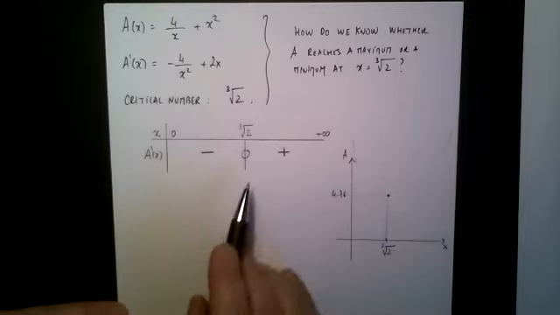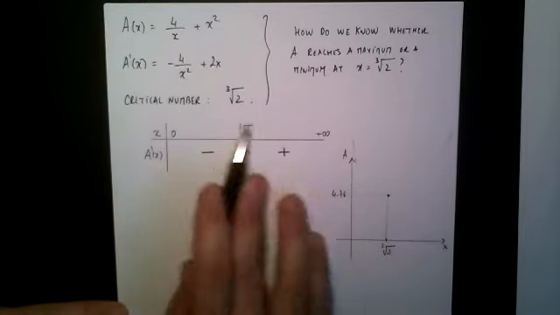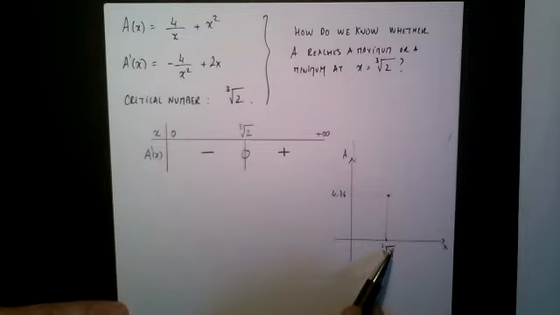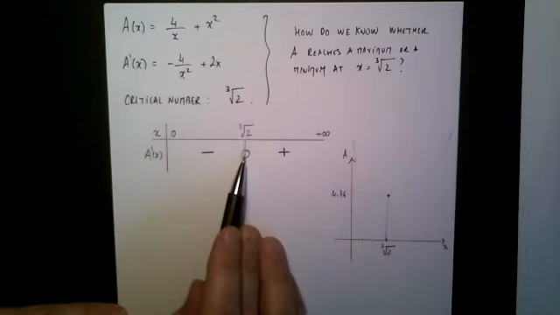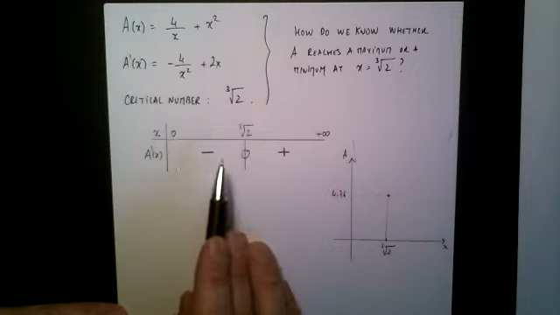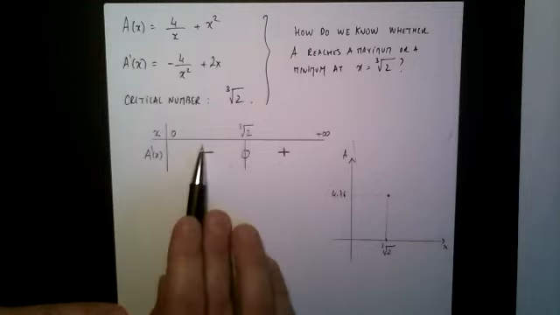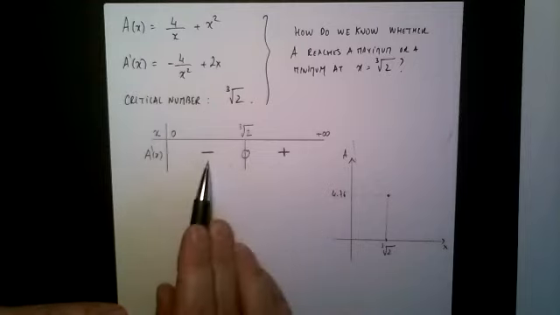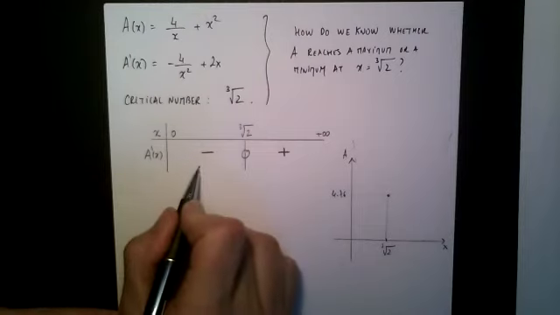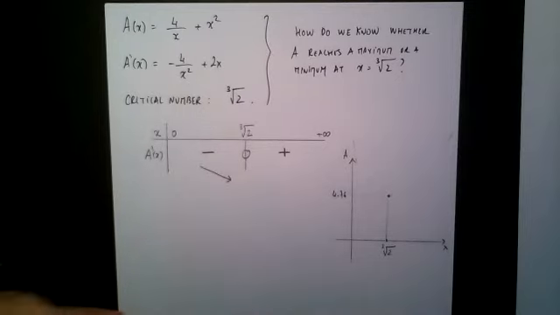So what did I just do here? This is very important, because I plugged in my critical number into A prime, and then I checked a test point before and a test point after. I found negative, positive. So what does it mean when the derivative is negative? It means that the slope is negative, and therefore the function is decreasing. Do you understand that?